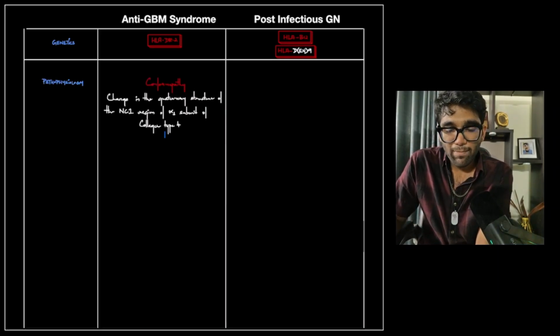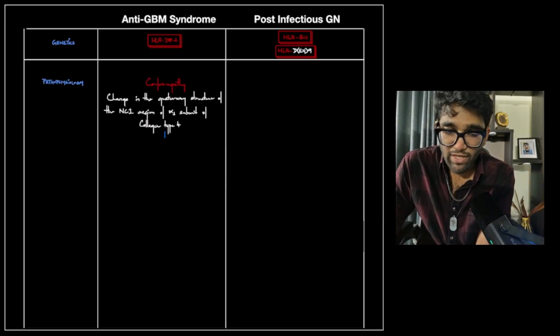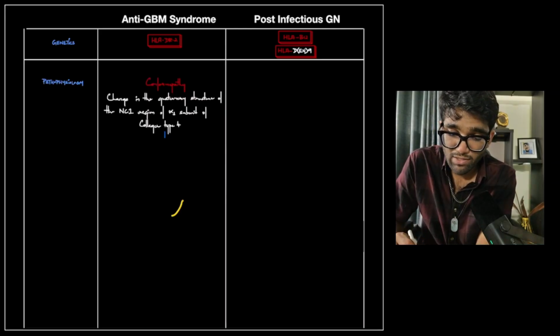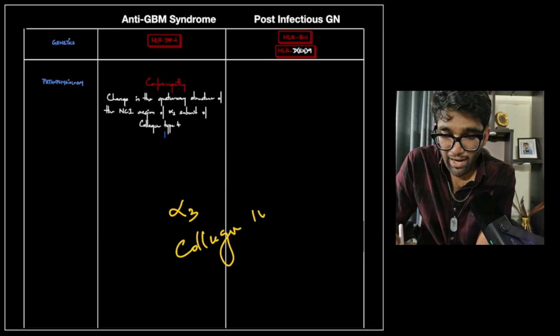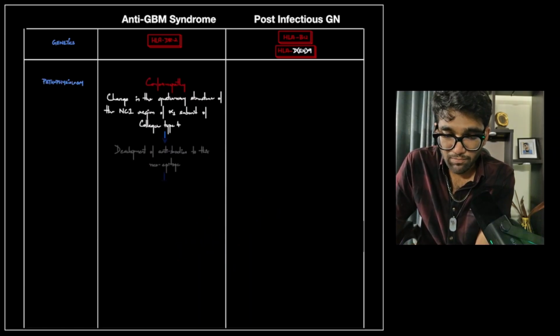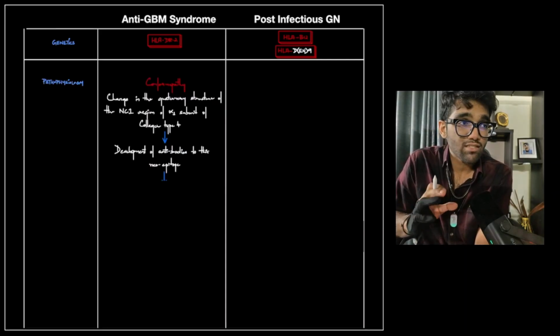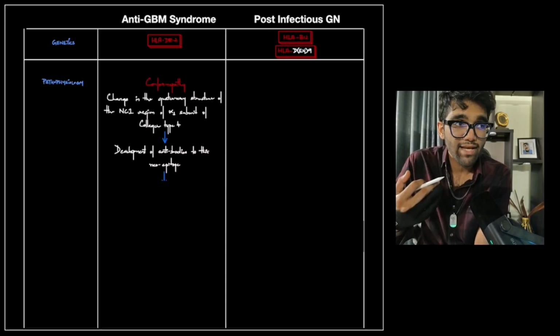But because of some reactive oxygen species exposure, or due to some stress or local infections, you end up getting a change in the conformation of the alpha 3 subunit of collagen type 4. That exposes your NC1 region, which results in the exposure of a new epitope that is never normally expressed in normal human tissue.